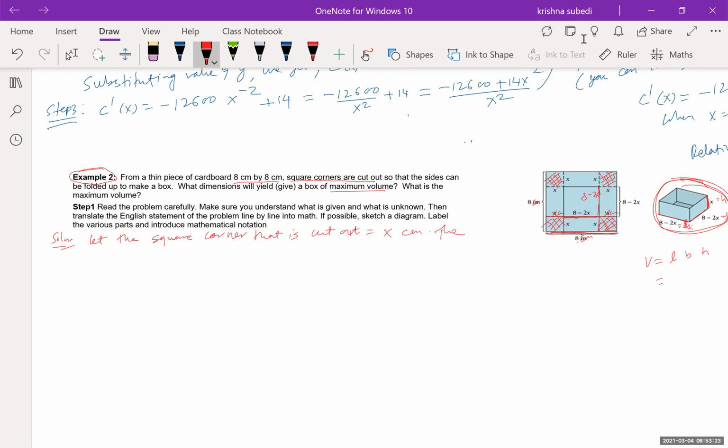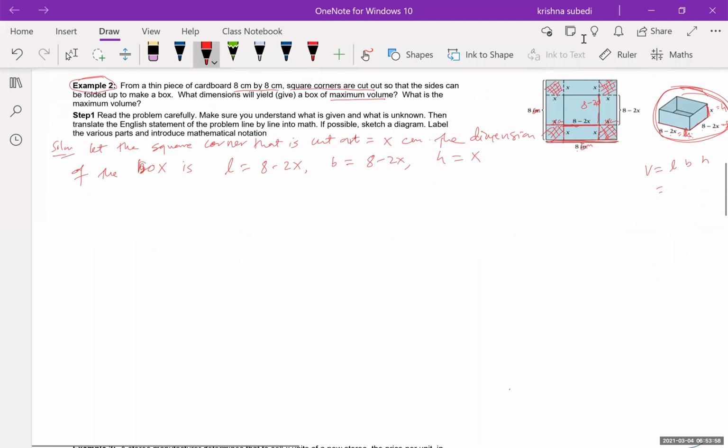Then the dimensions of the box are given by L equals 8 minus 2x, B equals 8 minus 2x, and H equals x, all in centimeter. Okay, that is given.